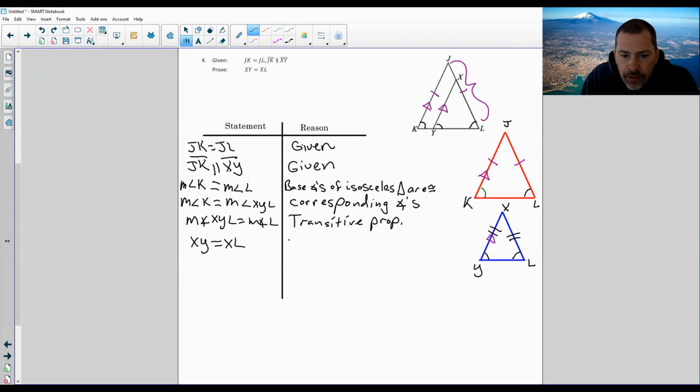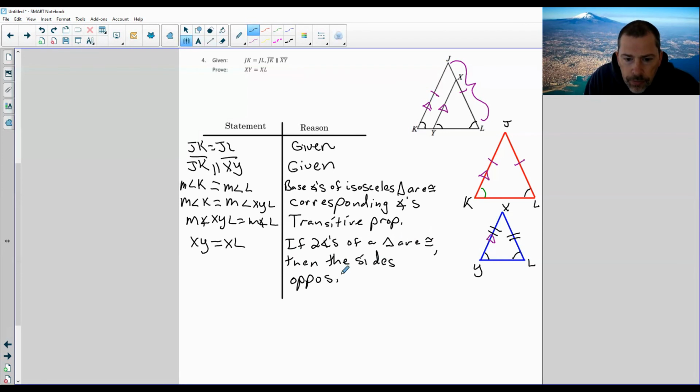And if two angles of a triangle are congruent, then the sides opposite are equal. Since this angle is congruent to that, it makes it an isosceles triangle, therefore opposite sides are congruent. And we have proven that XY is equal to XL.